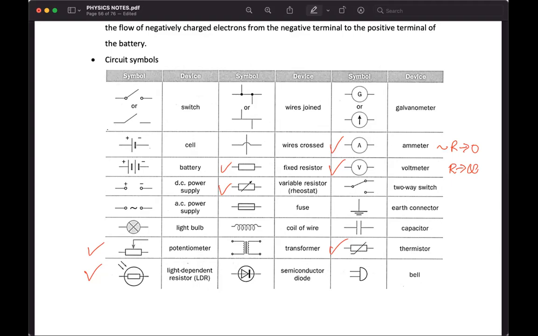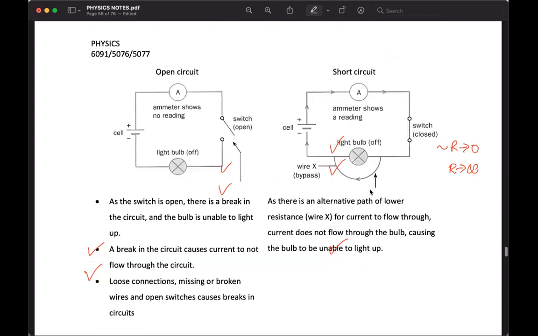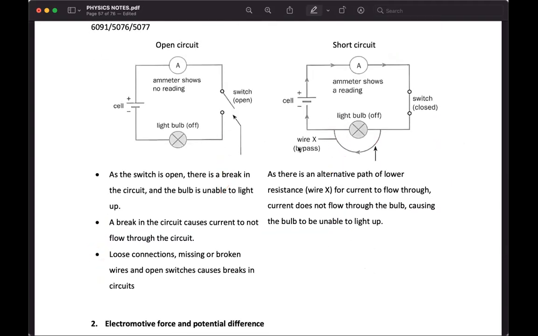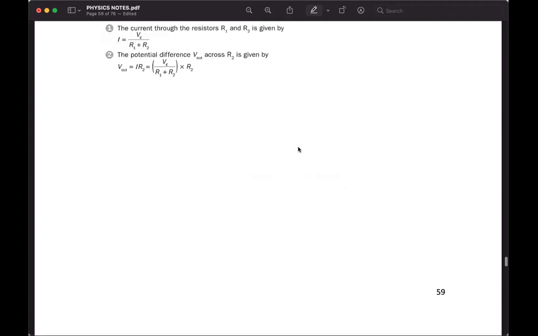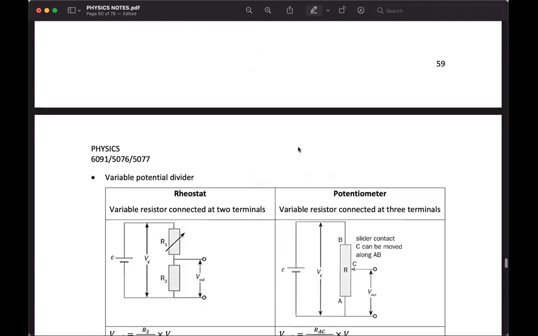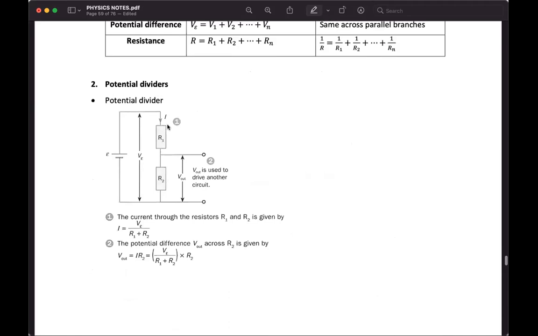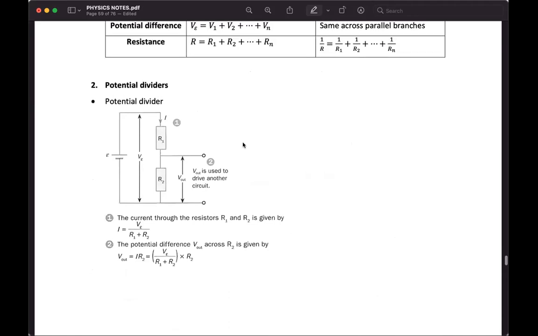Okay, Yiting asked me a question. For a potentiometer, if you use the V out to power another circuit, then how does the charge go through the R2 itself? Okay, wait. Hold on. Okay, let's use this example. Okay, let me just draw my own example.